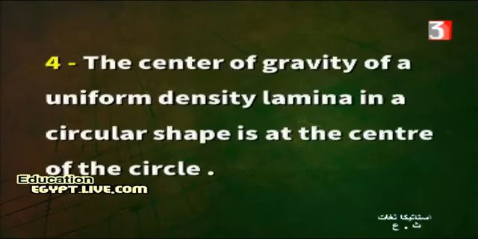Number four, the center of gravity of a uniform density lamina in circular shape is the center of the circle. We know that the center of the circle is a fixed point which is equidistant from any point on the circle.